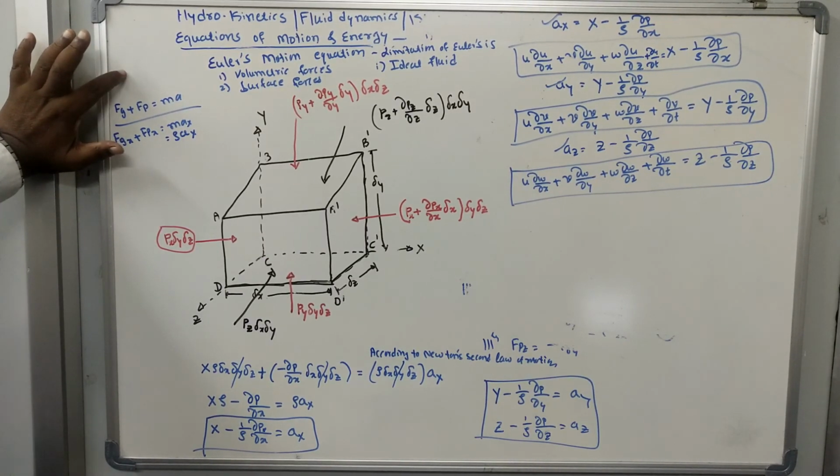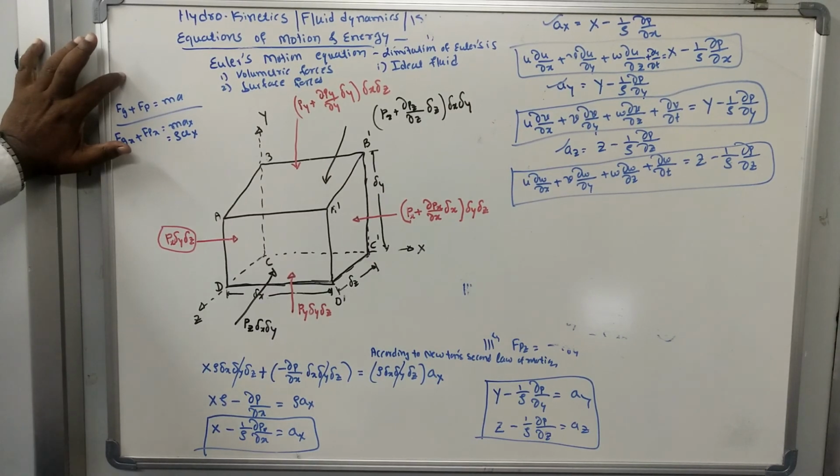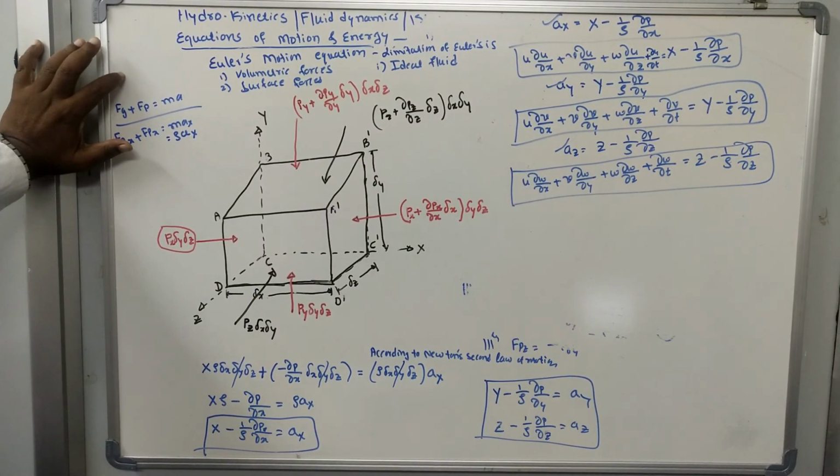The Euler's equation we have derived is based on the basic principle of the law of conservation of momentum, that is, Newton's second law of motion. When integrating this Euler's motion equation, we will get the Bernoulli's energy equation, or it can also be derived using the energy principle, that energy is neither created nor destroyed.